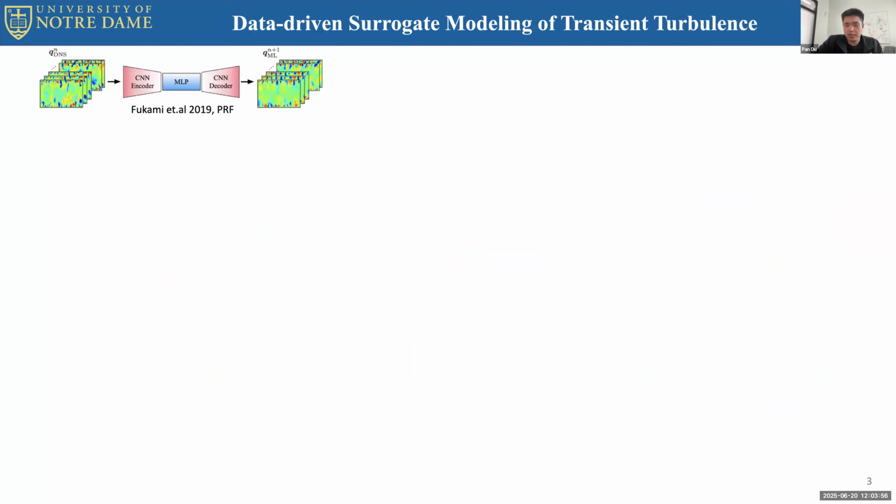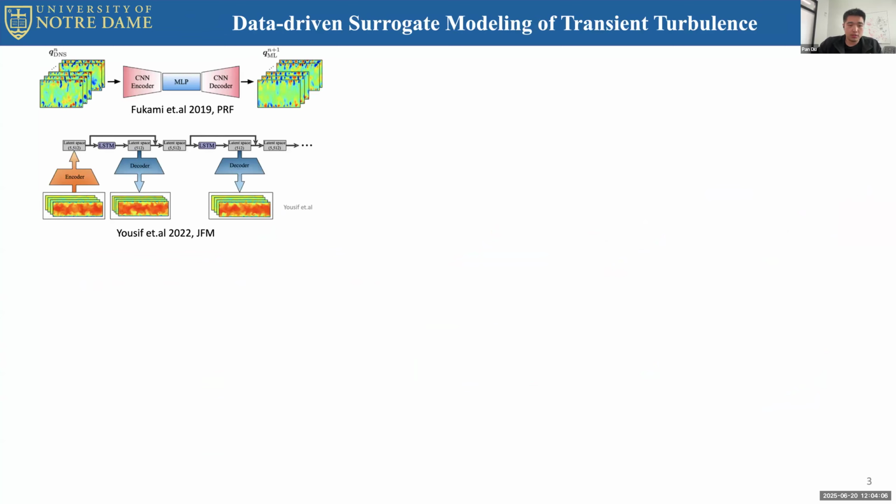There have been methods in this community that leverage AI technologies to accelerate the computation of turbulent flow. I'm just going to give a little bit of introduction of what people have done on this topic. Earlier attempts of this AI application for turbulence acceleration involve using an encoder-decoder architecture, typically accompanied by a neural network model to learn the temporal coherence between the previous time step and the next one.